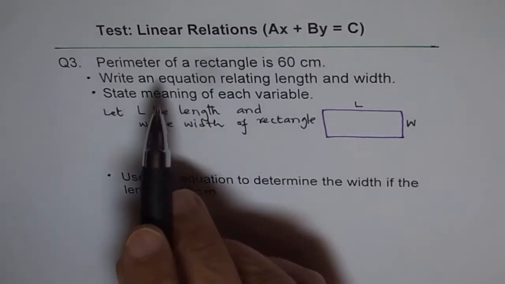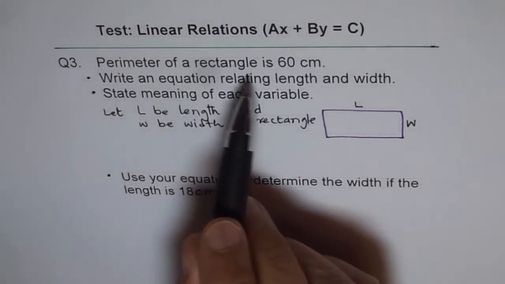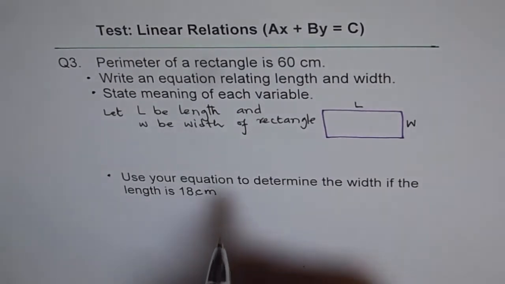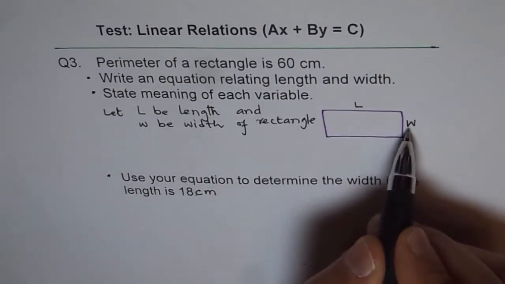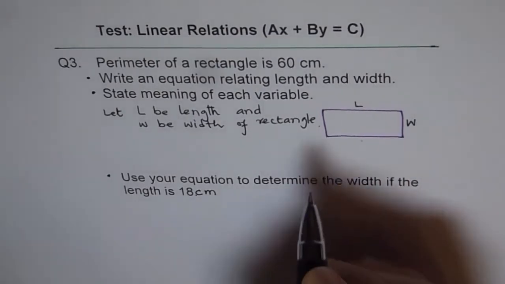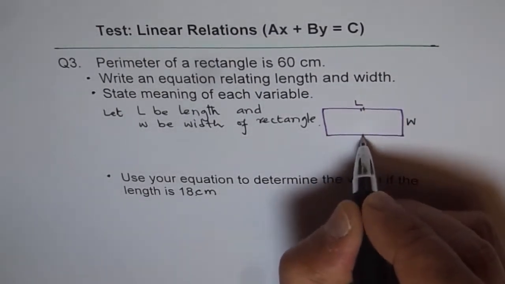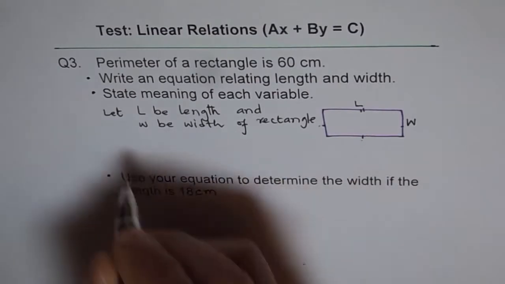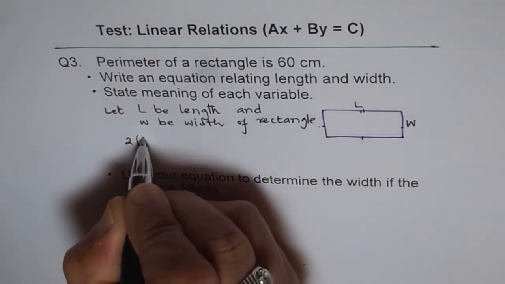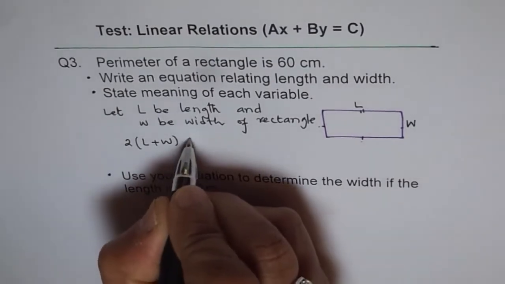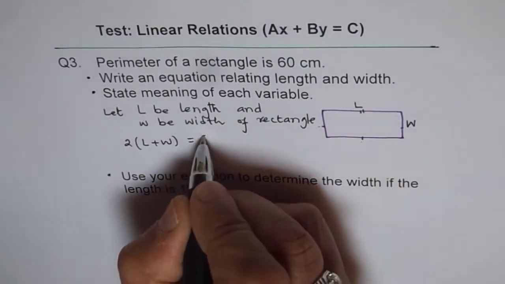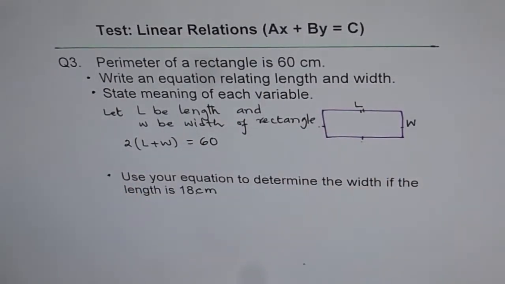Now when we say perimeter of rectangle is 60 centimeter, what do we mean? That means length plus width, and this is also length and this is also width, as opposite sides are equal. So I can say 2 times (length plus width), which is the perimeter, is equal to 60 centimeter. That's what it means, correct?